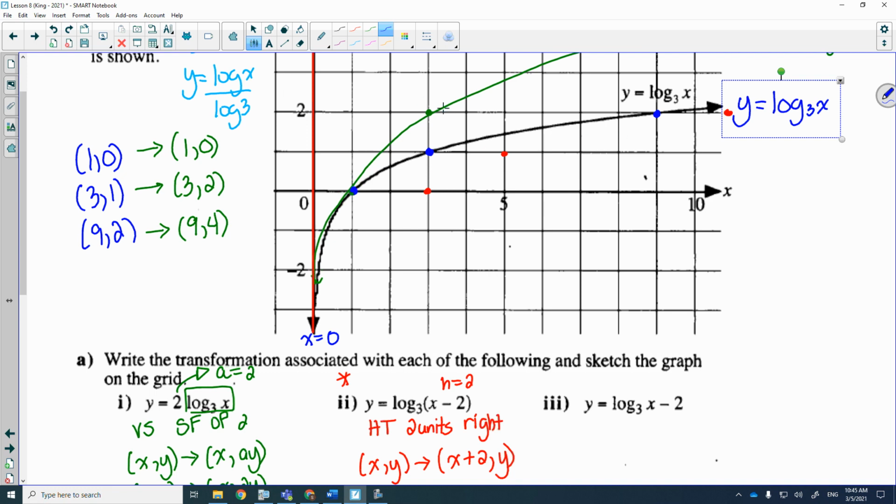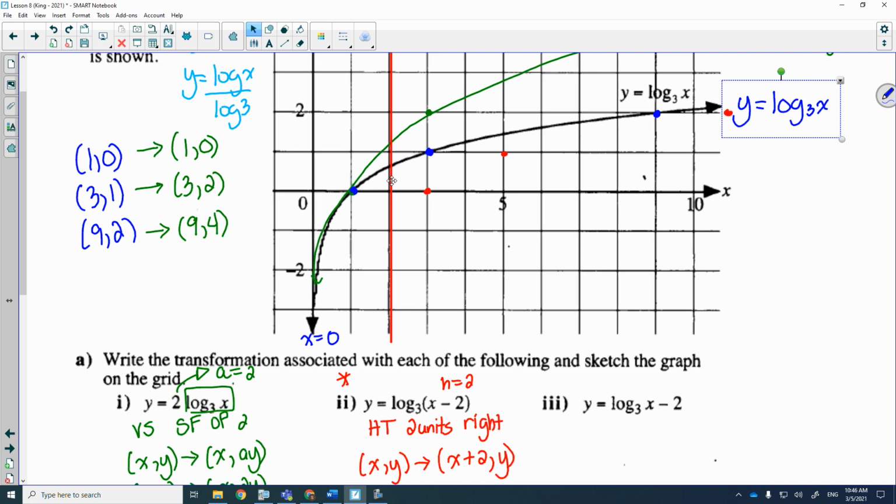This red graph, though, if I moved all of my points 2 to the right, you also have to move your asymptote. So 1, 2 to the right. Now let's put in the equation of this asymptote. So the equation of my new VA is now x is equal to 2. And the reason why you want to have that on your grid is because now you could draw the picture.